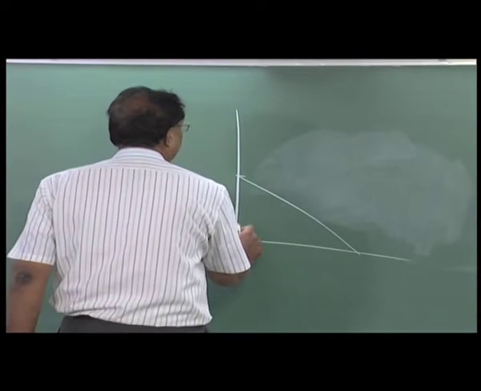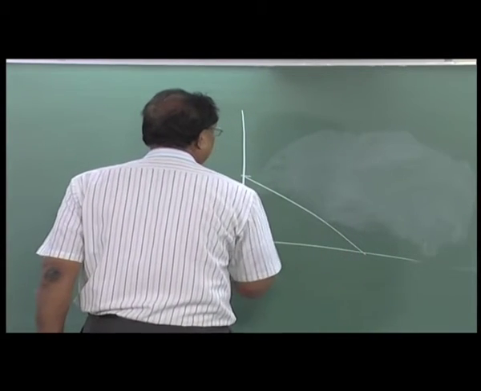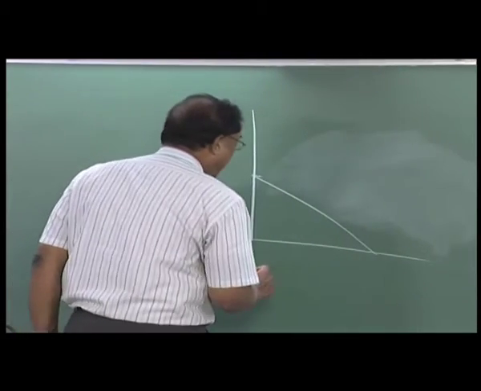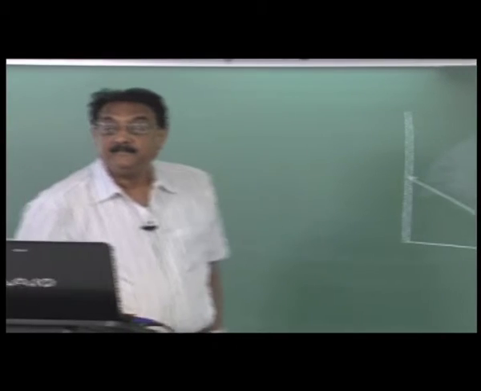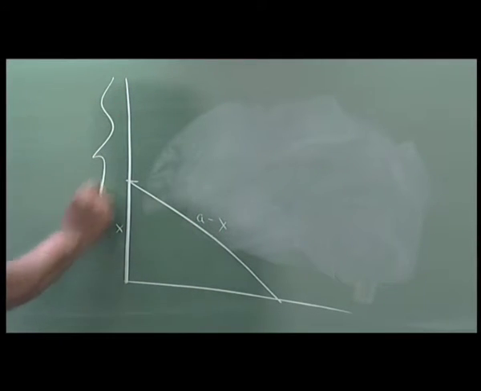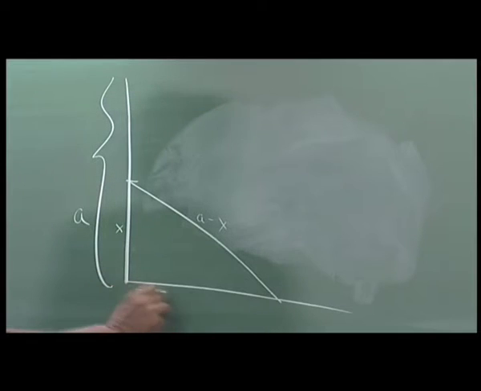This plus this is equal to the original height, so this is x, this is a minus x, this is a, and this is b.